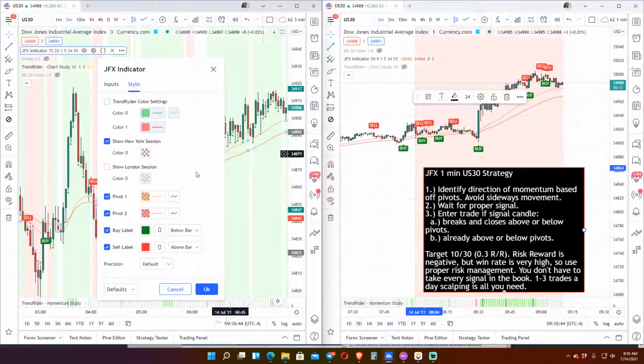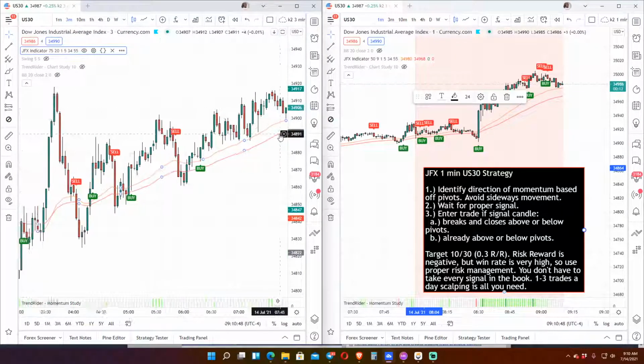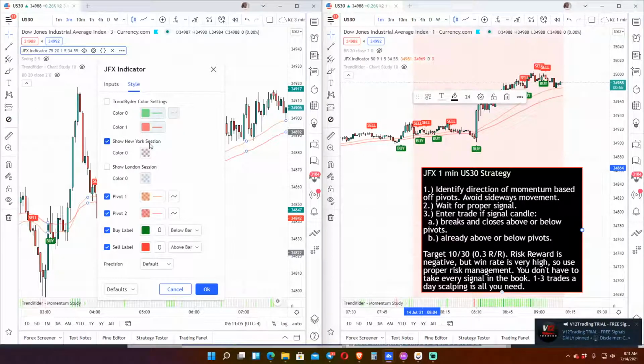Also, let me turn this off real quick. I have show New York session and show London session. To me, these are the best two times to trade US 30, because I feel like that's when the most momentum is shown during the market.